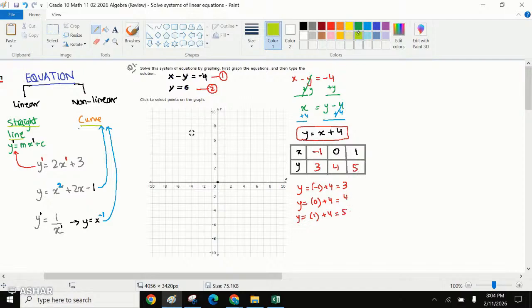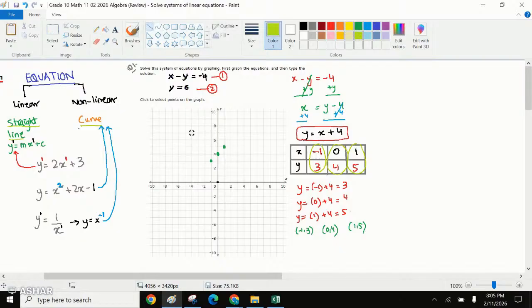So these are the coordinates we have now: -1 comma 3, 0 comma 4, and 1 comma 5. Let's plot them. -1 and 3, 0 and 4, 1 and 5, right?